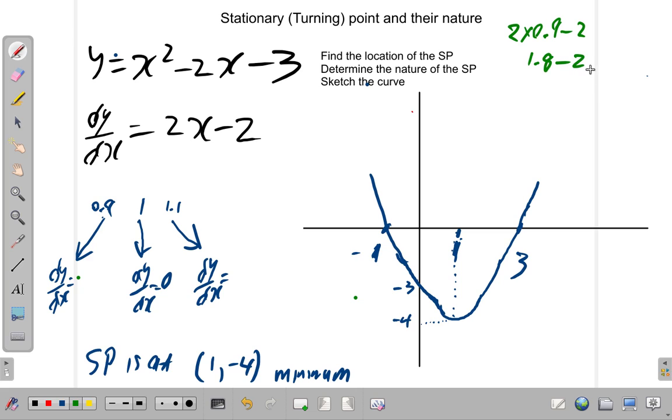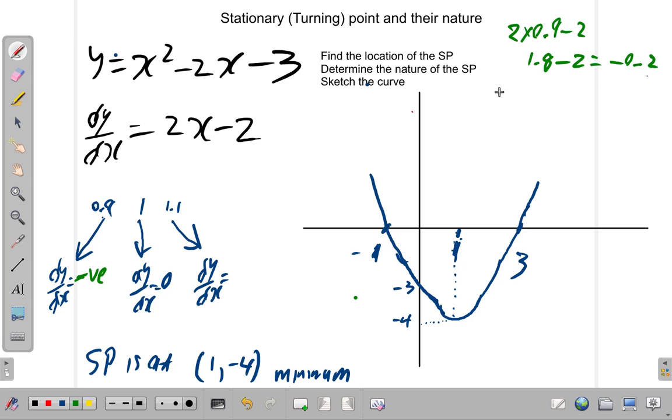So 1.8 minus 2 is going to be a negative. Once you know it's a negative, you're okay. You don't necessarily have to find out exactly what the value is. But let's still use the value. It's negative 0.2. So dy by dx is negative.